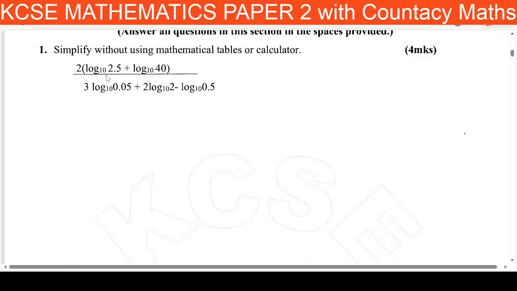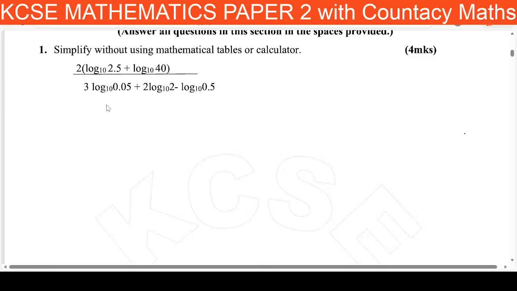Then from there, we try to see the places where we can do some simplification. To some extent, we can simplify the upper part, that is the part inside the brackets. And remember, as we tackle logarithms, we also observe the law of BODMAS because it is constant and applies everywhere. So we start with the brackets first, and we have log something plus log something.